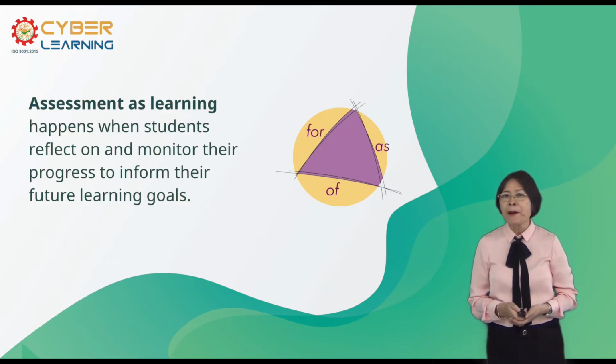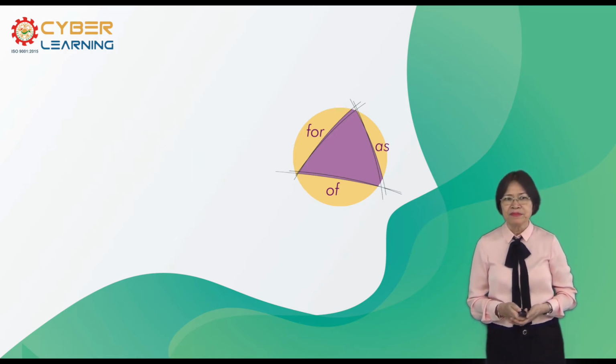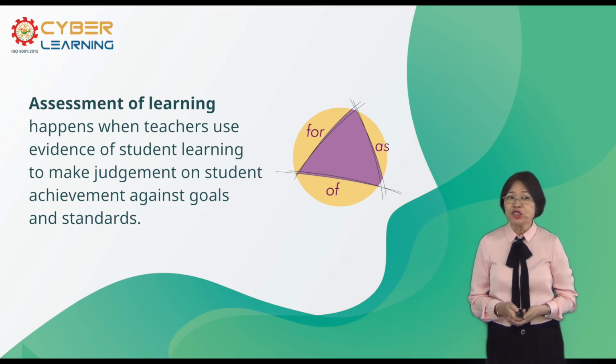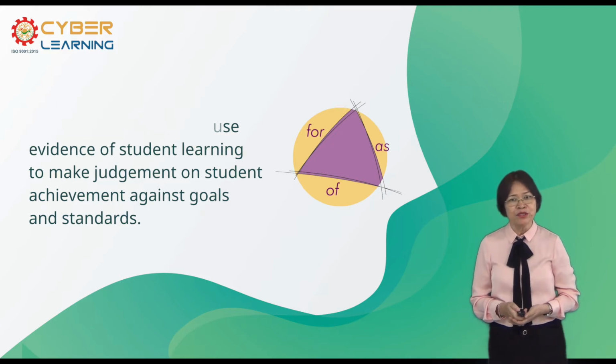Assessment as learning happens when students reflect on and monitor their progress to inform their future learning goals. And assessment of learning happens when teachers use evidence of student learning to make judgment on student achievement against goals and standards of the school.